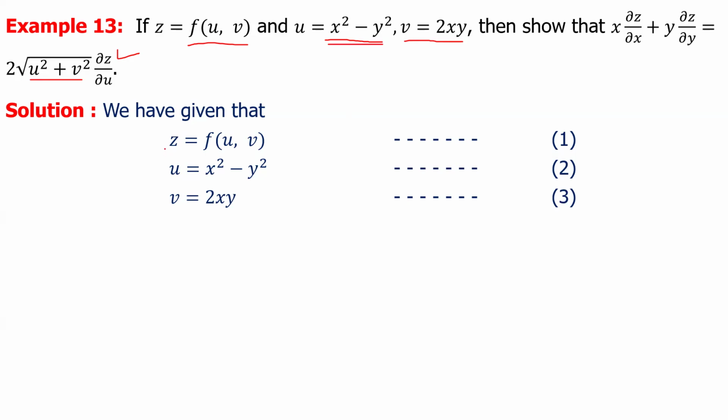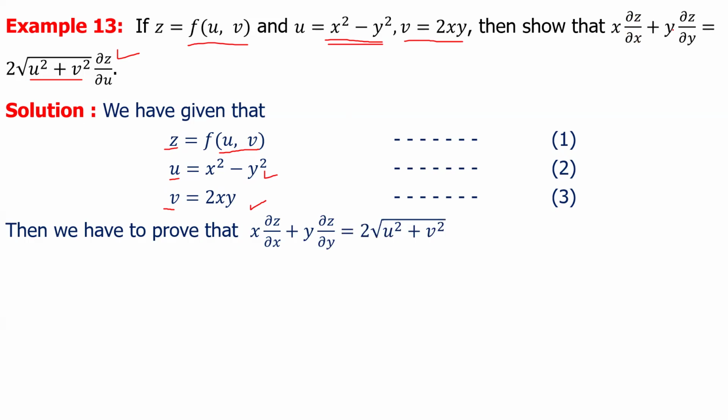So here z is a function of u and v, and u and v are functions of x and y. Then we have to prove that x del z del x plus y del z del y is equal to 2 times root over u square plus v square del z del u.